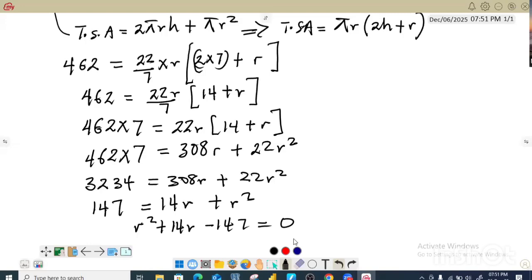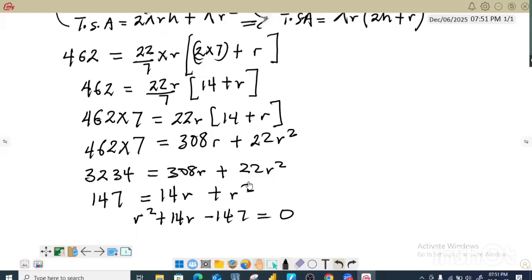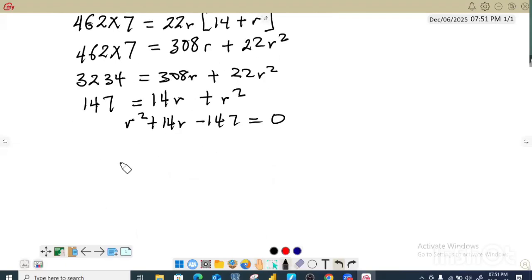That's 7 and 21. So you can say r squared plus 14r minus 7r minus 147 equal to 0.